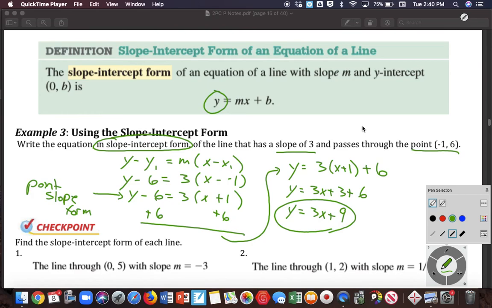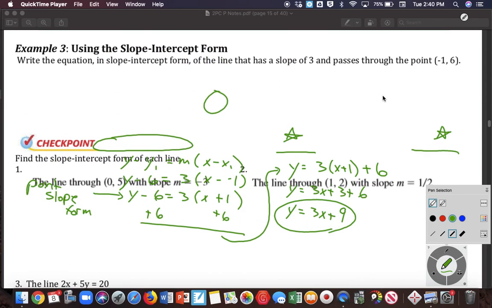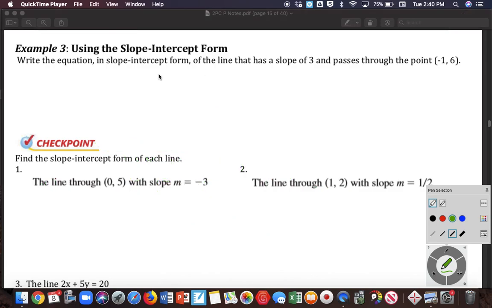I like using the form that matches the given information. Since they gave me slope and point, I'm going to use point slope form to start, and then just switch it to the form that they're asking for. All right, so then you'll do the checkpoints that follow, and then we are good for the day.